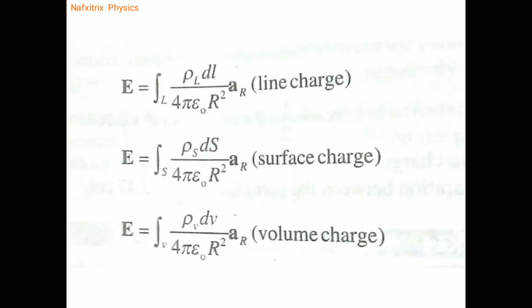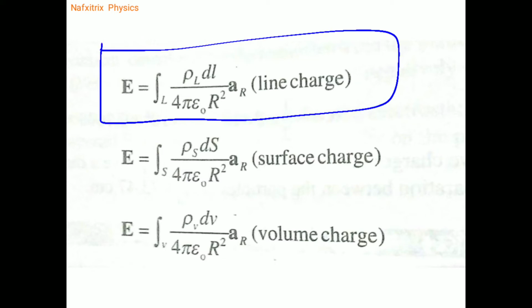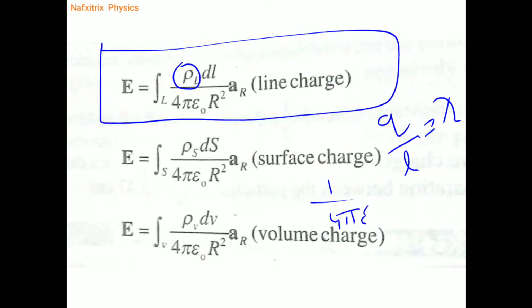For this we need to use this formula. This rho L is nothing but charge per unit length. Actually we usually indicate it with lambda, but here it is given as rho L. We know that the electric field is 1 by 4 pi epsilon naught into Q by r square, the formula for electric field.